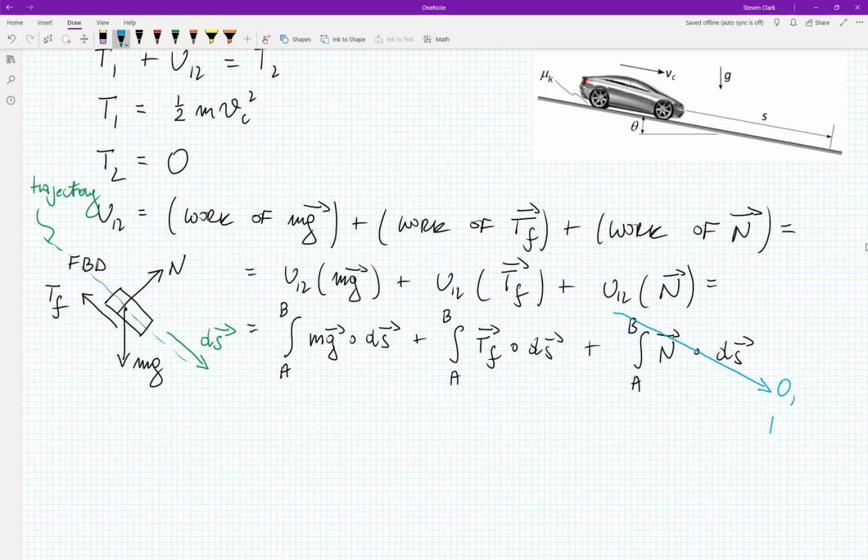Because n is perpendicular to ds, yeah. By the way, I believe that in this course, work of every reaction force, for example, normal force, will be 0. In this course, I think like 99% of the time, work of reaction forces is 0. So just keep it in mind. Maybe it will speed up your solution during the exam or something.